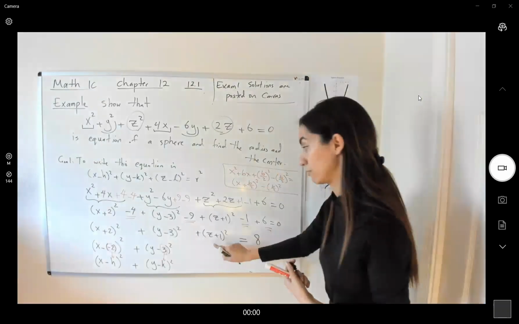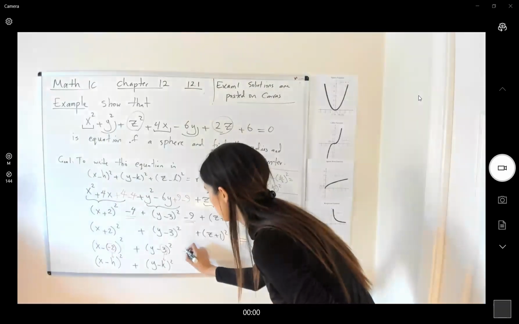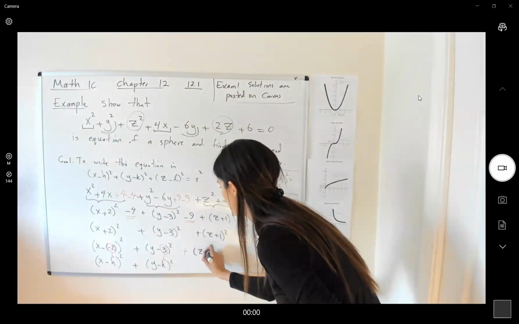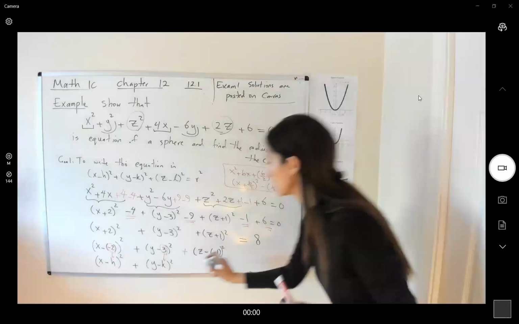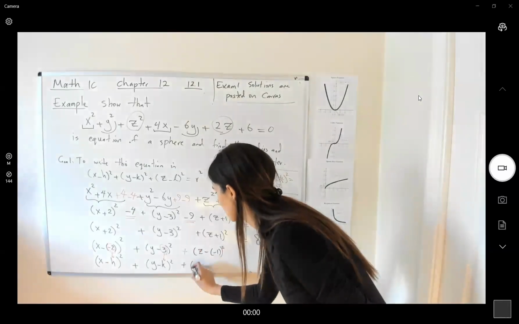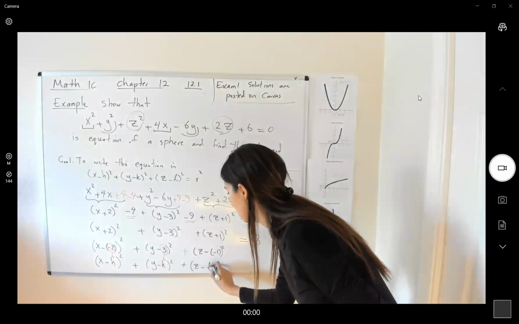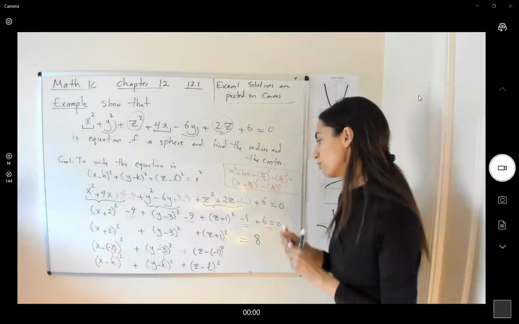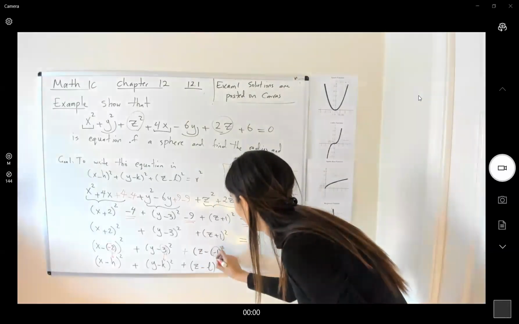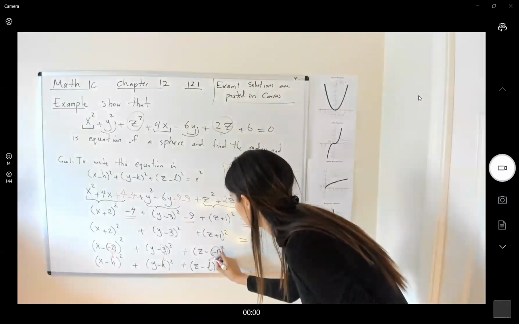Plus, okay, we have a plus sign. We should be careful a little bit. Plus z minus 1 squared. So if you compare it with z minus l squared, as you can see, l is equal to negative 1. This is your l.